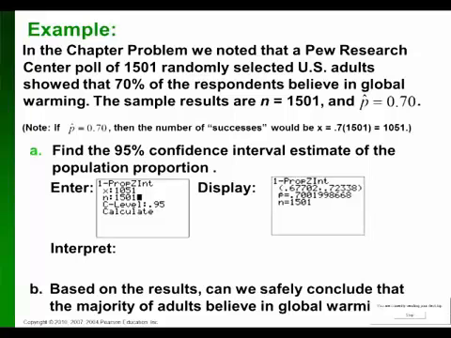I can't say with 95% certainty that the entire population has that same proportion who believe. But I can say with 95% confidence that the true proportion lies somewhere between 67.7 and 72.3%.